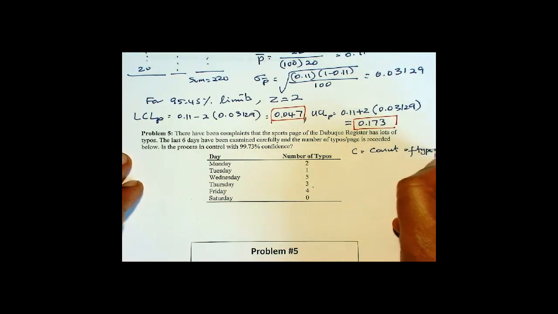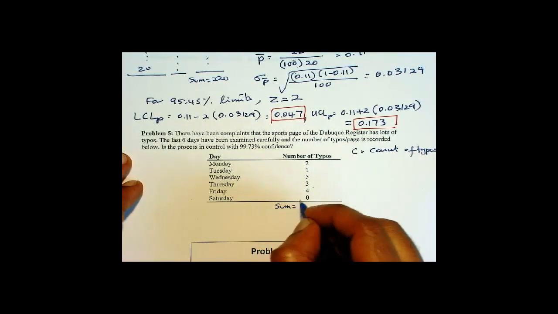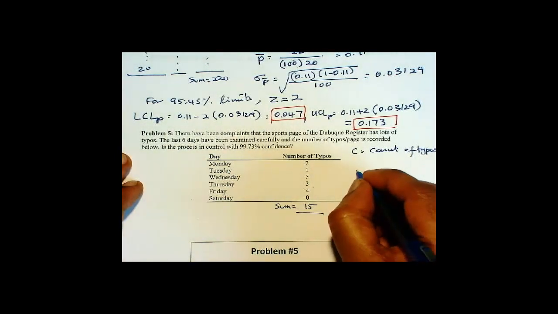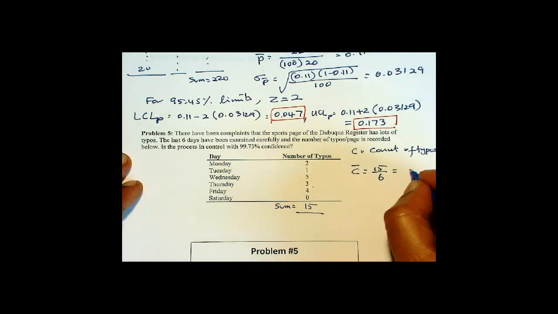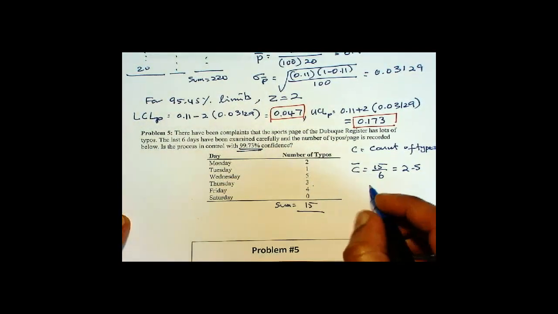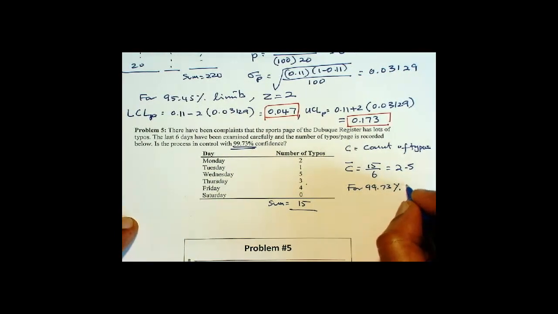and we have that here, and the sum is 15, and there are 6 days here, so C bar is 15 over 6, which is 2.5. Then we want the 99.73% chart.